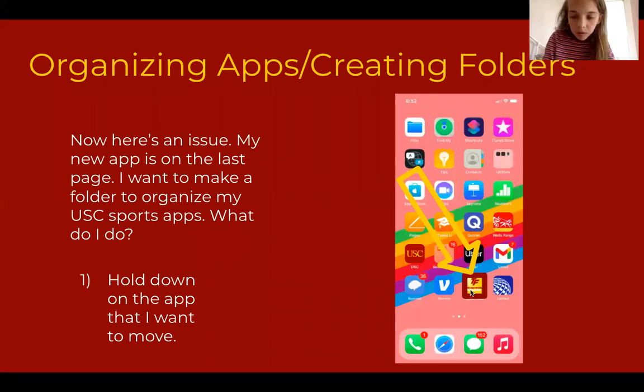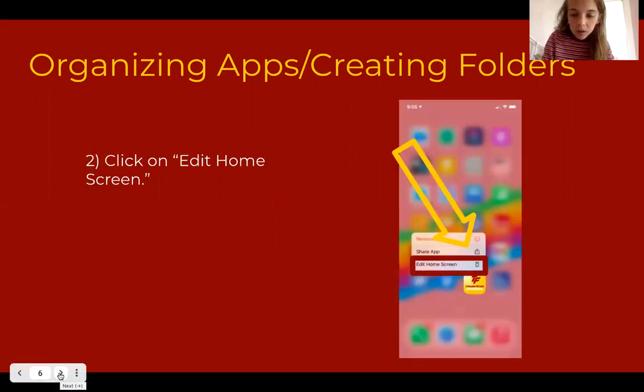To do this, you hold down on the app, and then, this is for the iPhone 11, it's slightly different for older versions of the iPhone, but it's the same sort of thing, where you hold down on the app, and that should allow you to move your apps around.